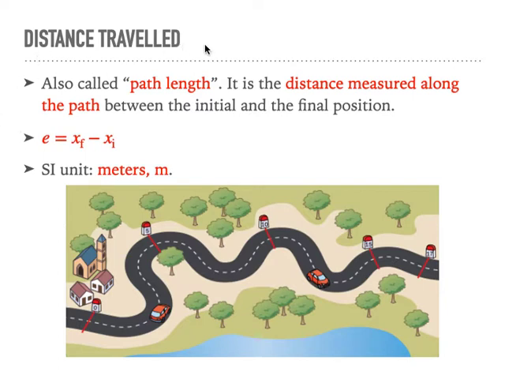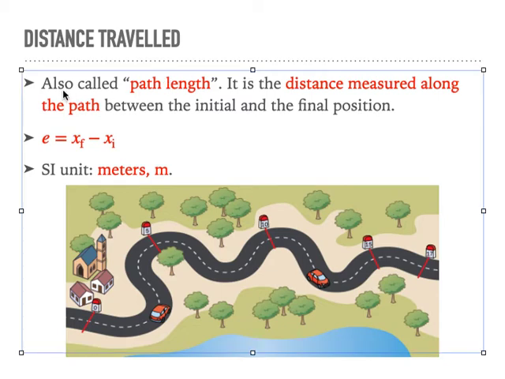Distance traveled. That's how it's called in your book, but in other places it's also called path length, and that's really the definition: the length of the path. So the distance you have traveled, and of course this is the distance measured along the path between the initial and the final position, the space.